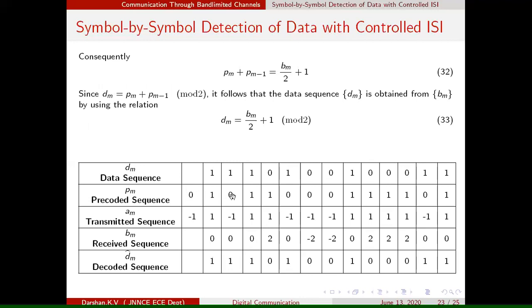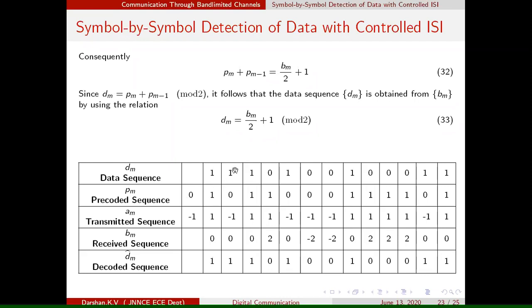Now how will we get the further sequences? 1 minus 0. What is that? It is binary subtraction. You know what the result should be. Binary subtraction is nothing but an XOR operation, which everybody knows. 1 XOR 0 is 1. That is how you got the pre-coded sequence.